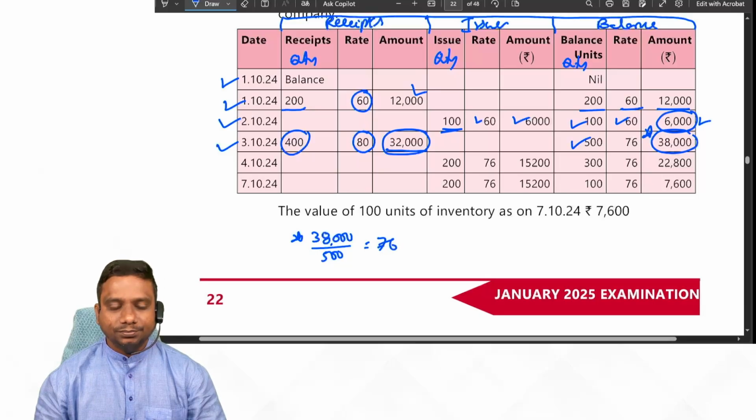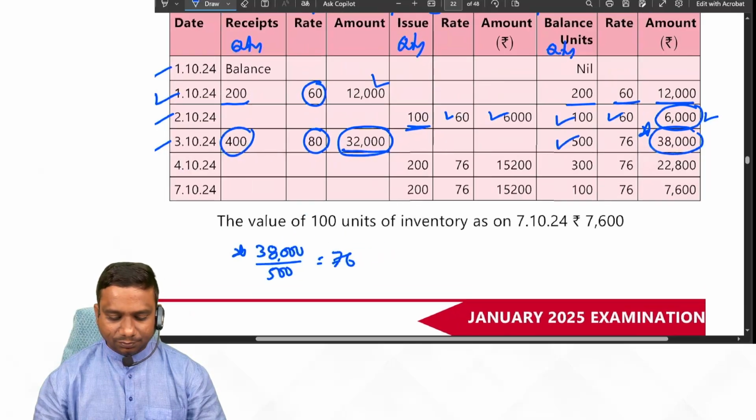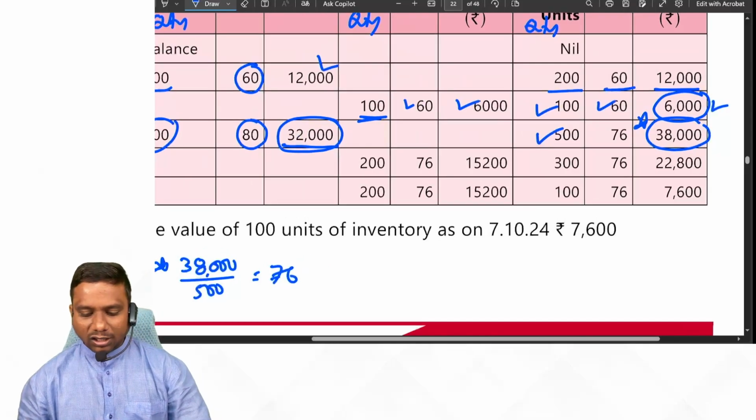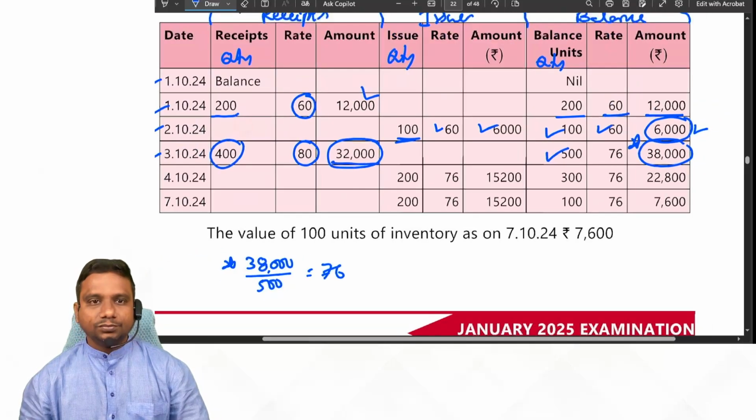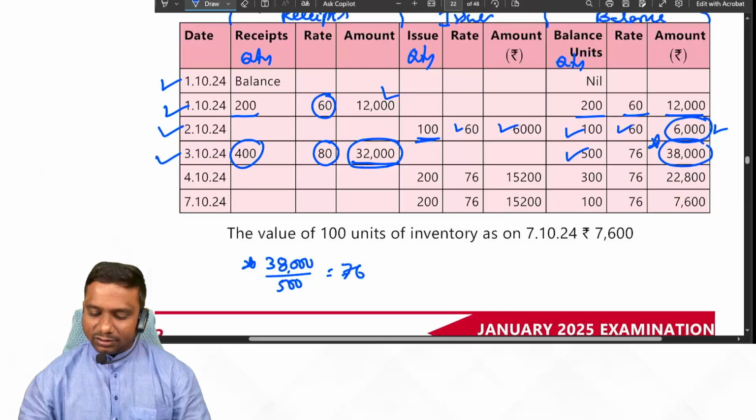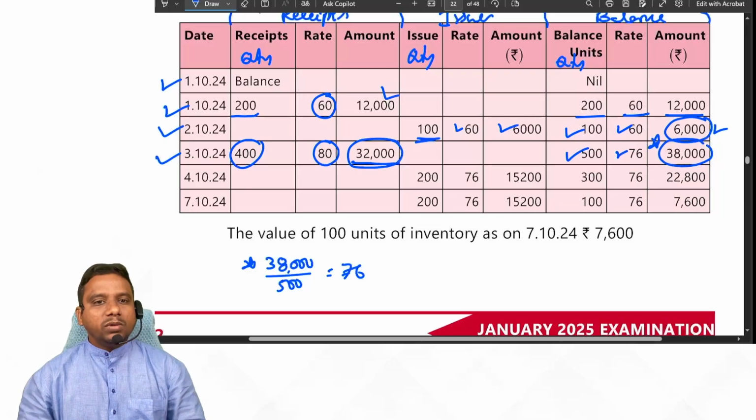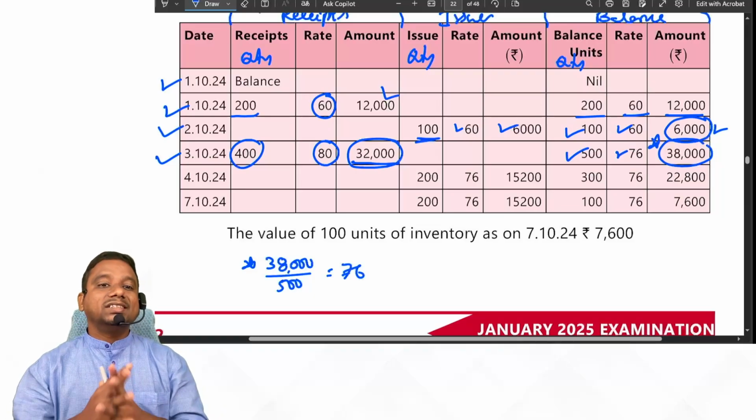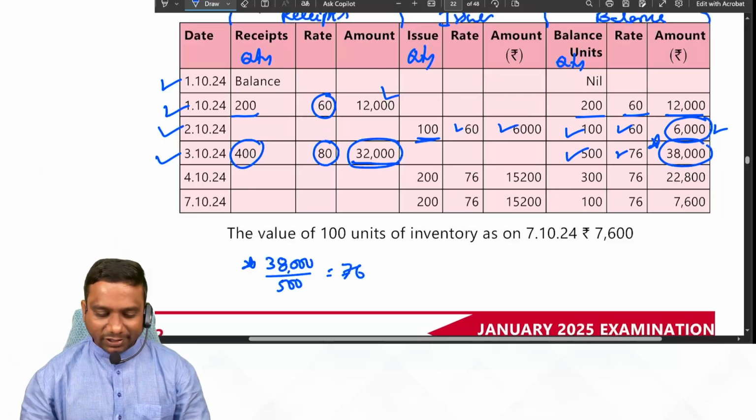Observe, students, 76 rupees. So that price we write. Now, if we immediately issue the goods, we apply 76 rupees. Yes or no? Next one.